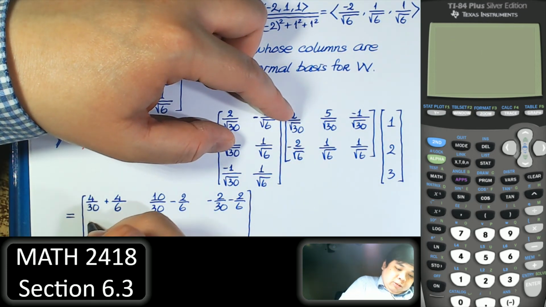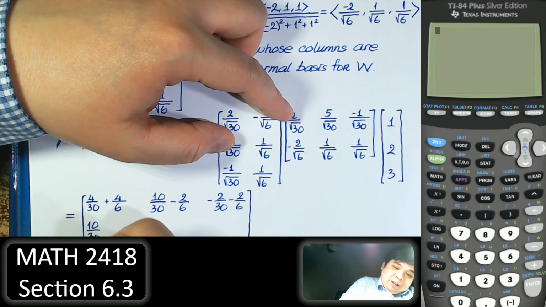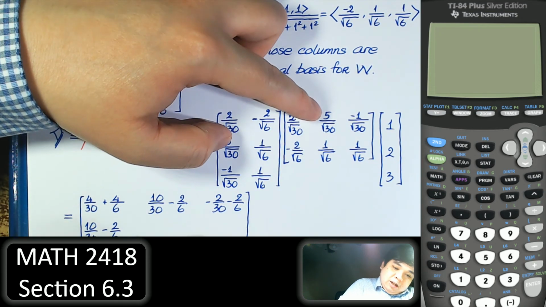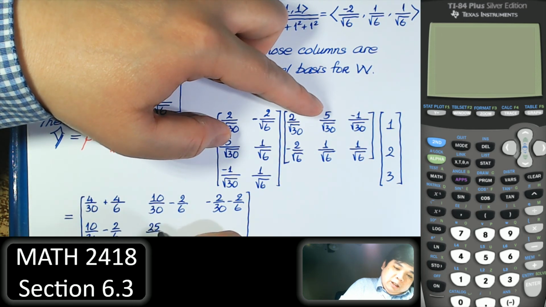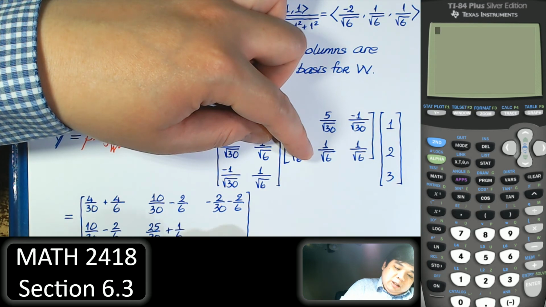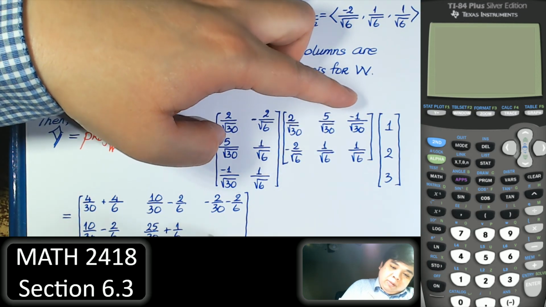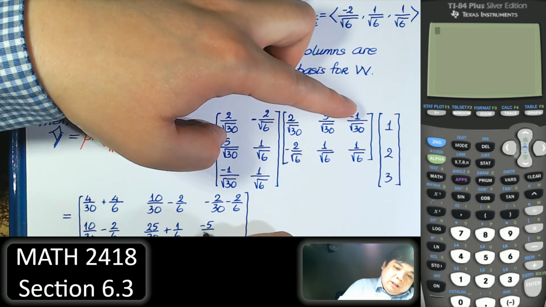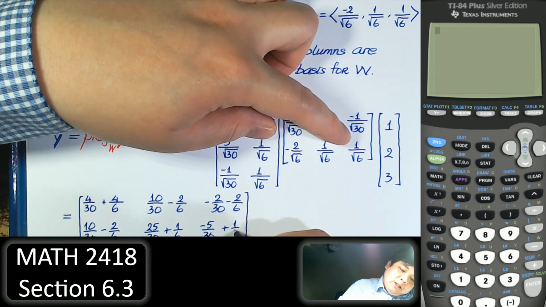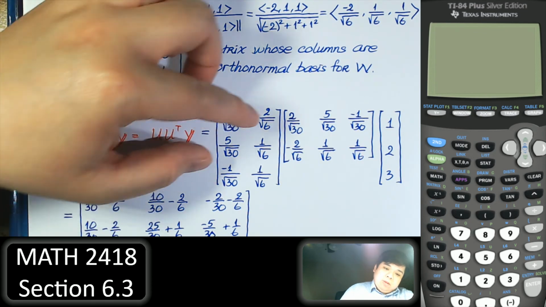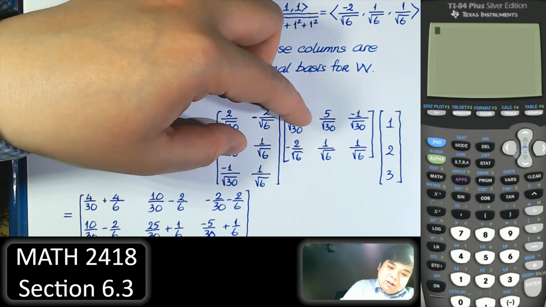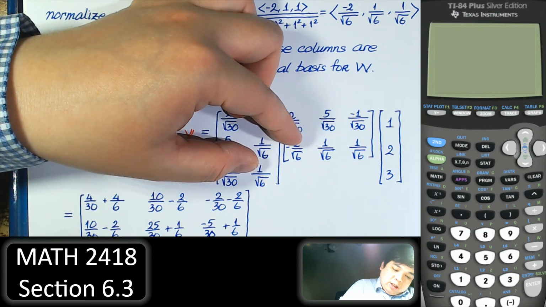Ten over 30, minus 2 over 6, 25 over 30, plus 1 over 6, minus 5 over 30, plus 1 over 6, minus 2 over 30, minus 2 over 6.